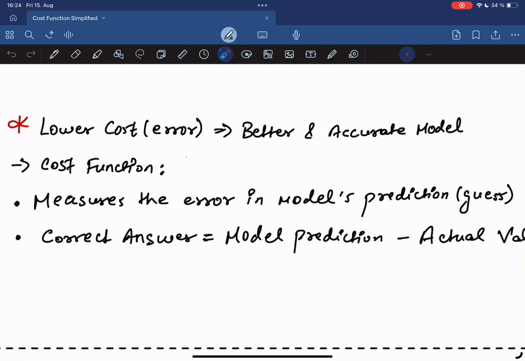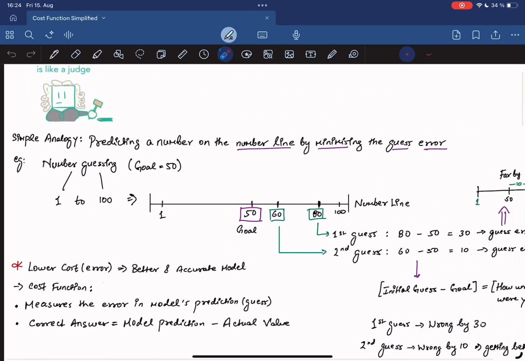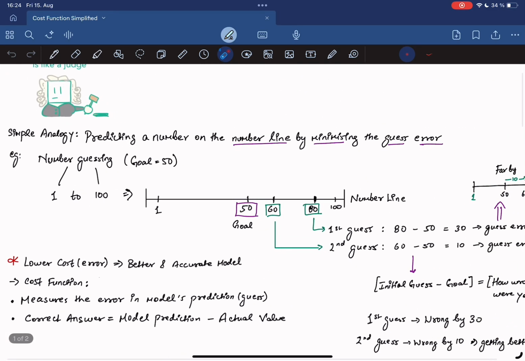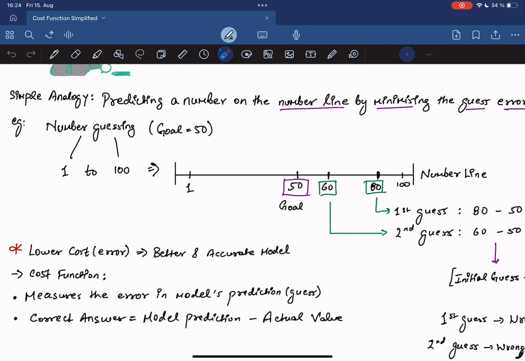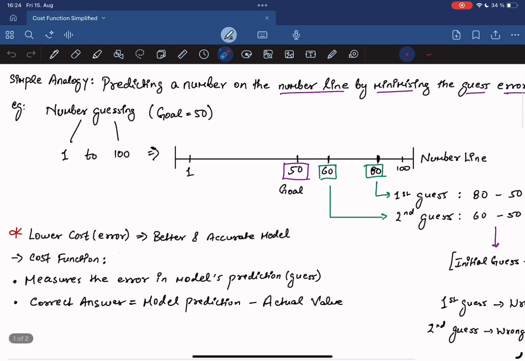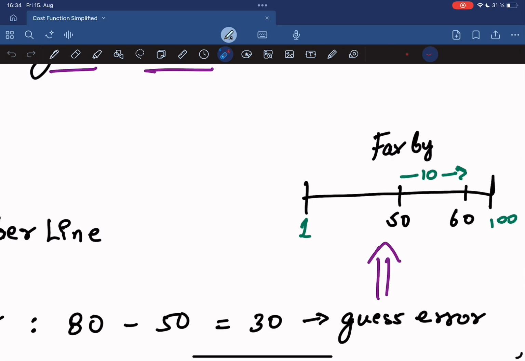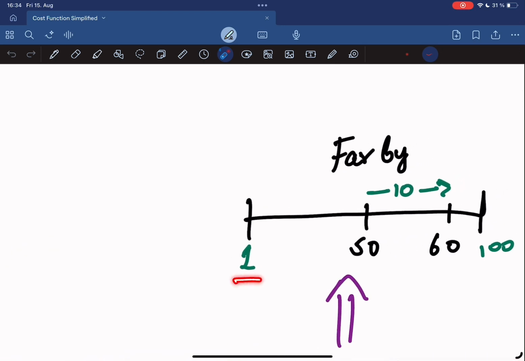Now I used this example to give you an overview of how cost function works. To sum up, the cost function measures the error in the model's prediction or the guess. And to get the error, you subtract the model prediction from your actual value. So understanding the guess error is easy. If we take the number line from 1 to 100, my second guess was 60.